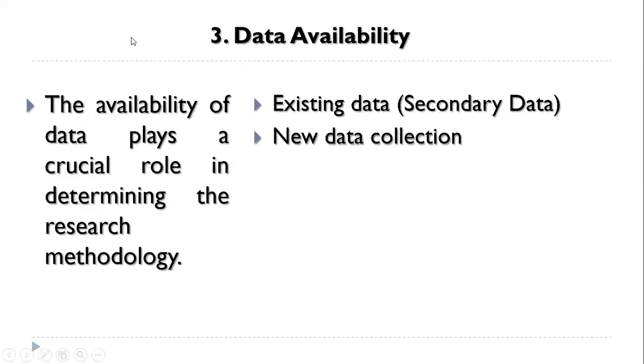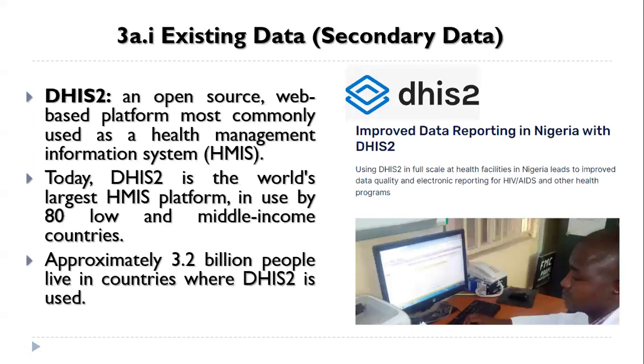So the other one now is the data availability. So in your study, you're going to be looking at whether you're going to be using existing data, which is secondary data, or you're going to be using new data, which you're going to be collecting. So for existing data, I don't know if you've heard of DHIS2.